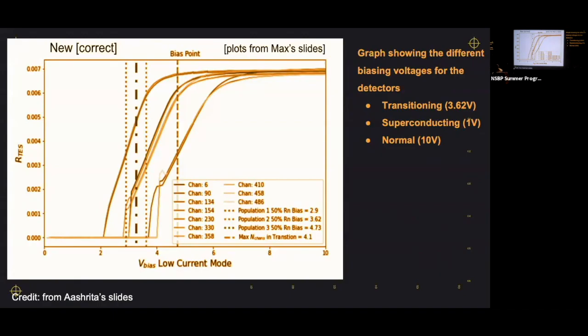At the very top there would be the normal state, and between that and the superconducting state is the transition. The data that we've been working with is in three different states: the superconducting state, where the voltage is around 1 volt, the transitioning state, at 3.62 volts, and then we also have data from the normal state.